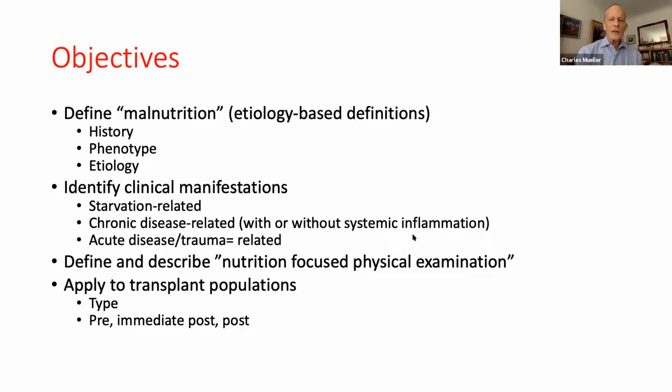Then I'm going to quickly go through nutrition-focused physical examination, because an examination can distinguish between the different types of malnutrition. There are a couple of very frank attributes that can help you distinguish. And then I'll try to apply them to the transplant population. I am not an expert in transplant. I only know the big picture, so I hope I will do justice to your practices.